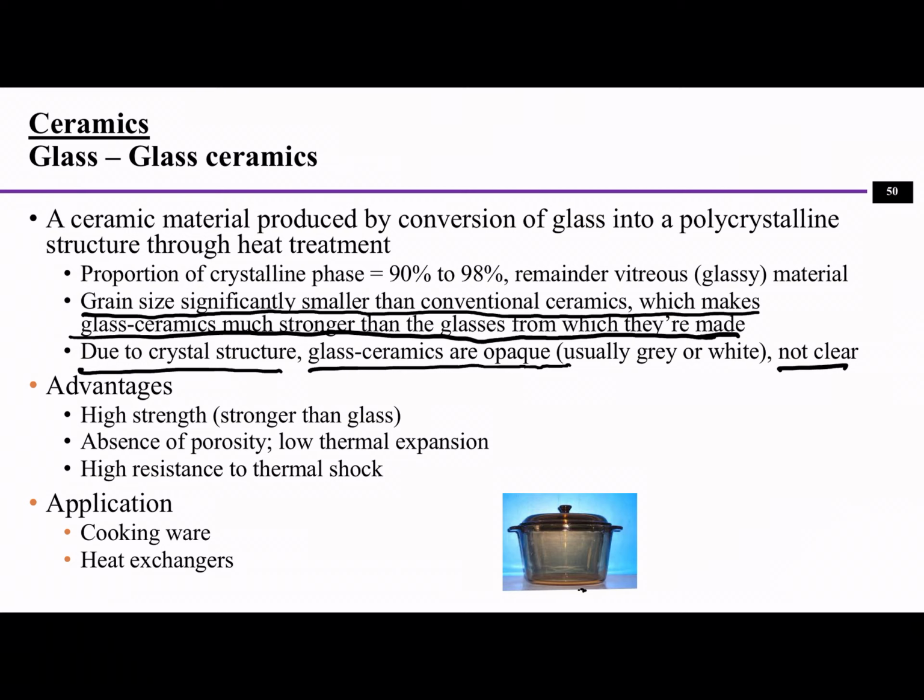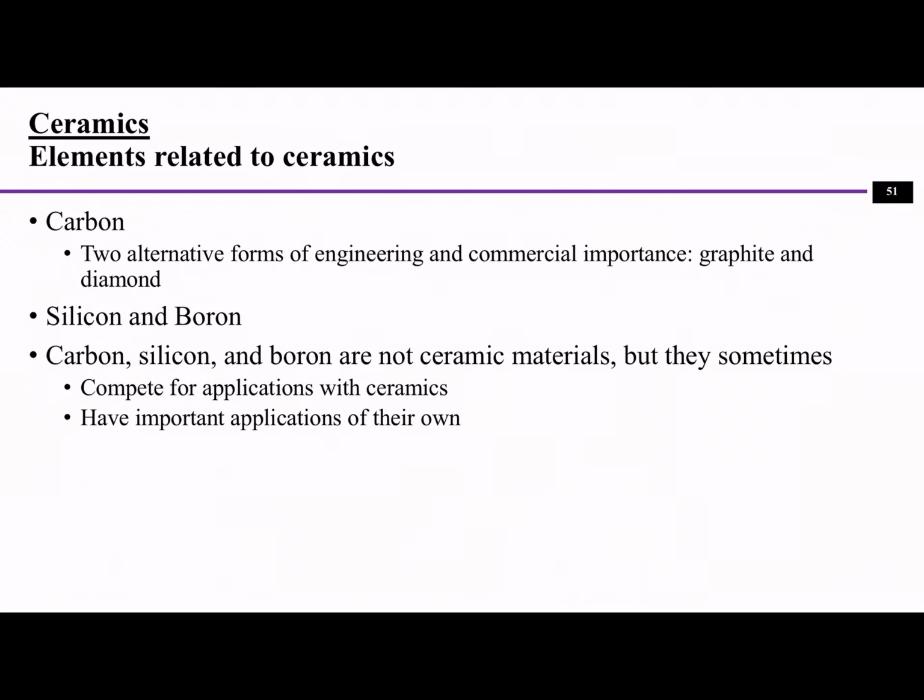Glass ceramics usually have really high strength, absence of porosity, and also low thermal expansion. So a lot of times we can use glass ceramics in the microwave or in cooking, as cookware or heat exchangers, because they have a high resistance to thermal shock.